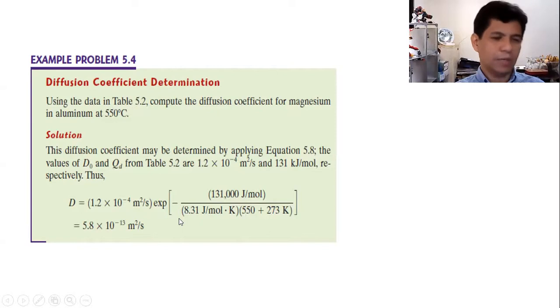So 1.2 times 10 to the minus 4 times e raised to negative 131,000 divided by 8.31 times parenthesis 550 plus 273. Okay, so I'm getting 5.76 times 10 to the minus 13 meters squared per second. Pag niround up nyo, 5.8 times 10 to the minus 13.